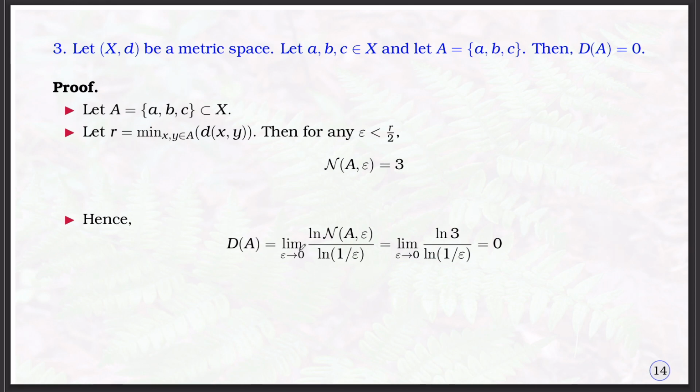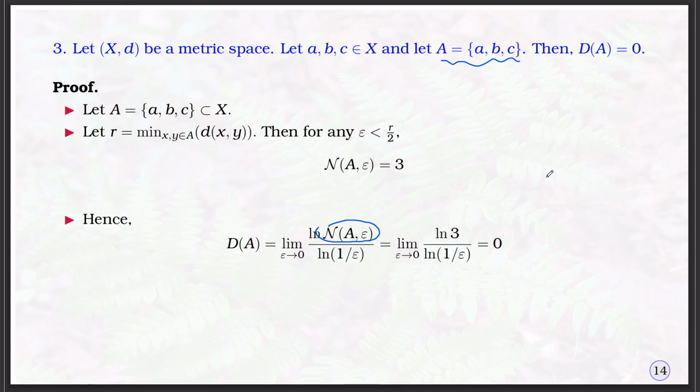Then you can see the limit as epsilon tends to 0 of this quantity, which is the constant ln 3 over ln of 1 by epsilon. Whenever epsilon tends to 0, the denominator will get larger, therefore the total limit will converge to 0.